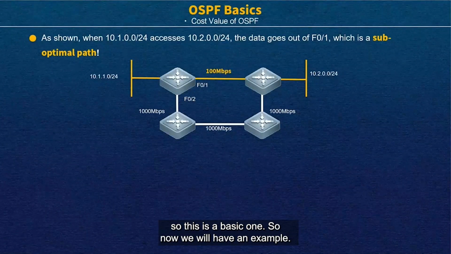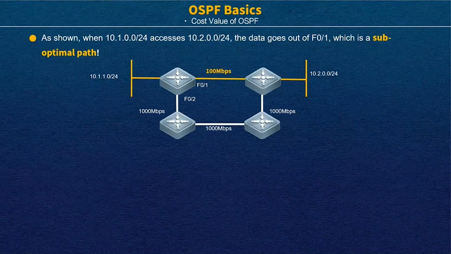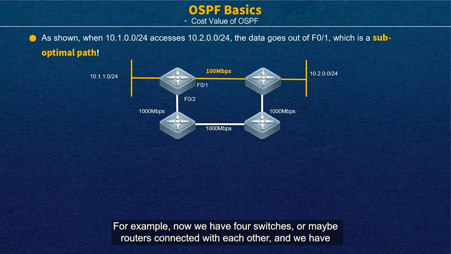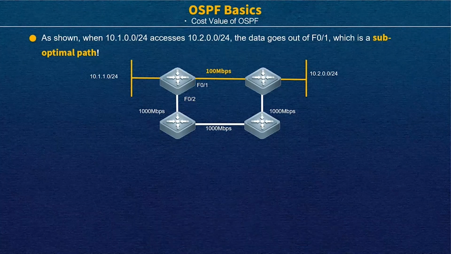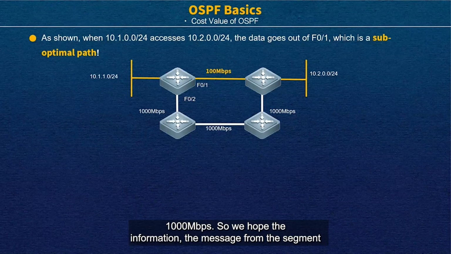So now we will have an example. For example, now we have 4 switches or maybe routers connected with each other, and we have different bandwidth links, right? The yellow one, the bandwidth is 100 Mbps, but the white one is 1000 Mbps.